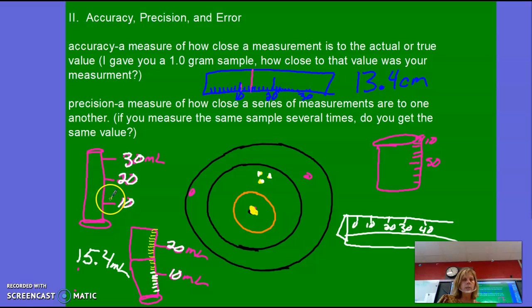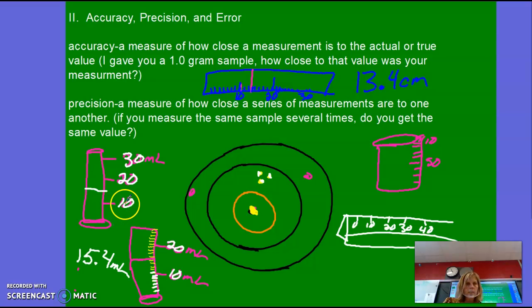So if I have a graduated cylinder that only is marked every 10 milliliters, and I have a level of liquid that comes to right here, it's greater than 10 and it's less than 20, I can only estimate one digit beyond what's marked.